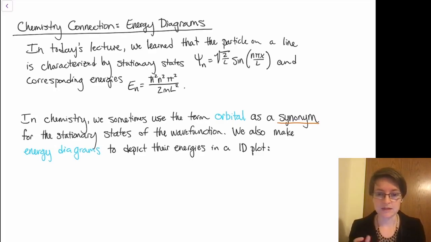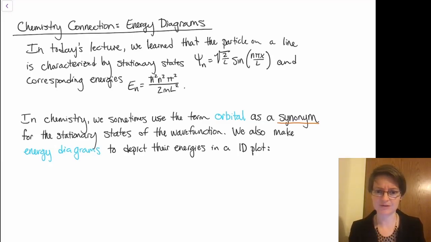Psi sub n is equal to square root of 2 over L times sine of n pi x over L, and has corresponding energies. E sub n is equal to h bar squared n squared times pi squared divided by 2mL squared.